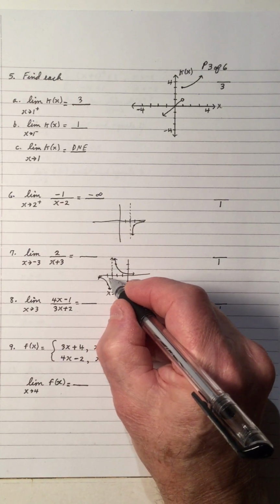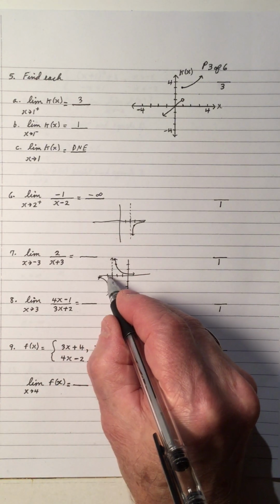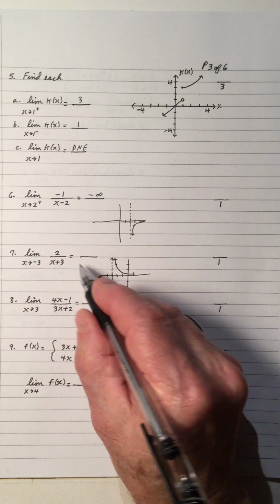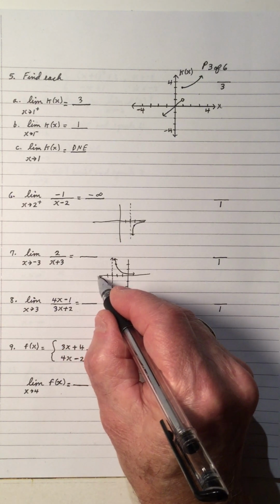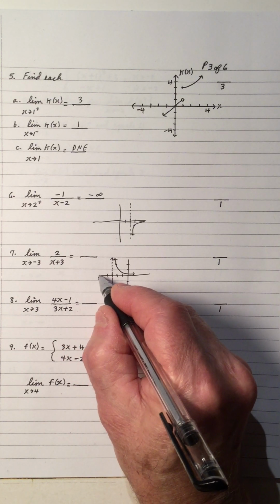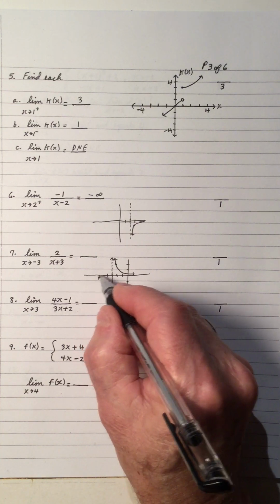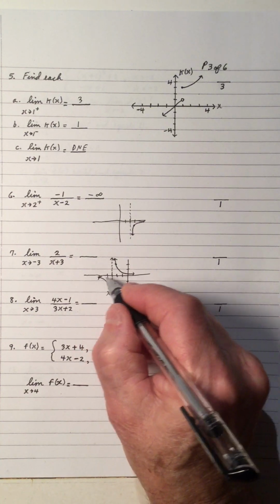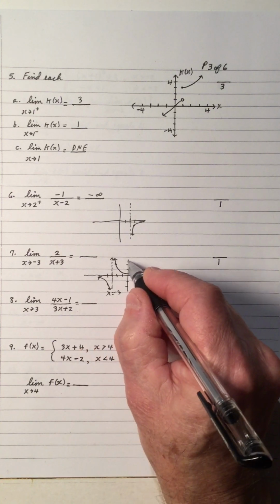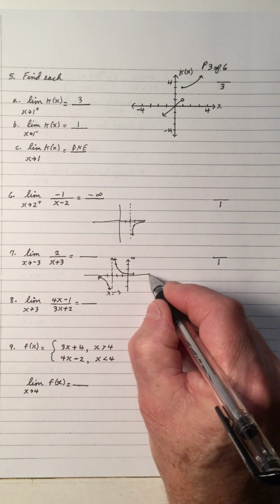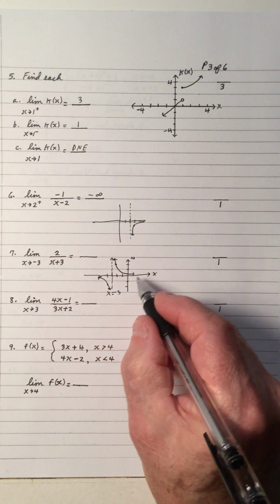As x approaches negative infinity, this fraction is approaching 0. So the further out I go, the closer this gets to the x-axis. Sorry, there's the y-axis. Better be careful. There's the x-axis.